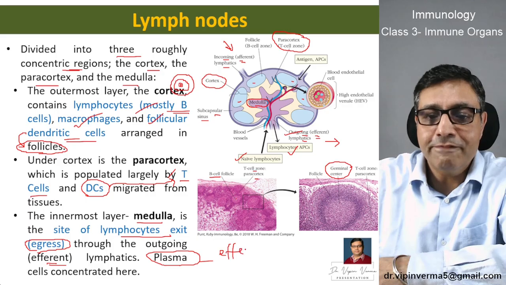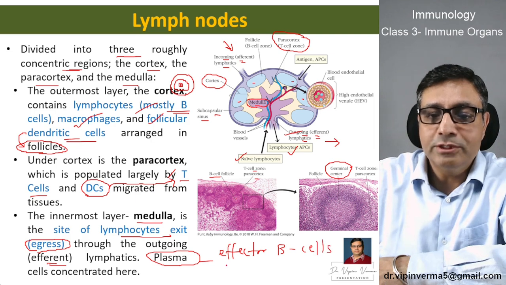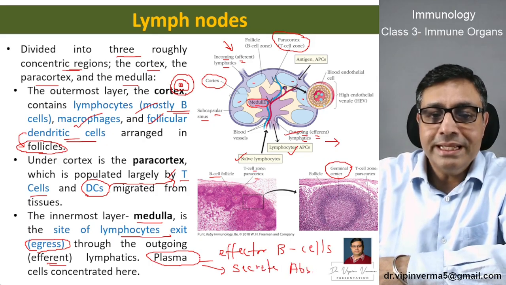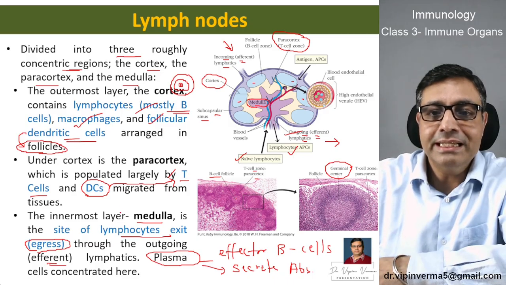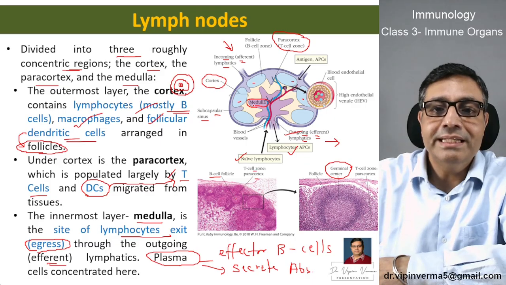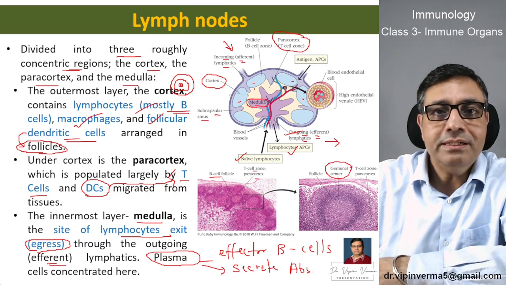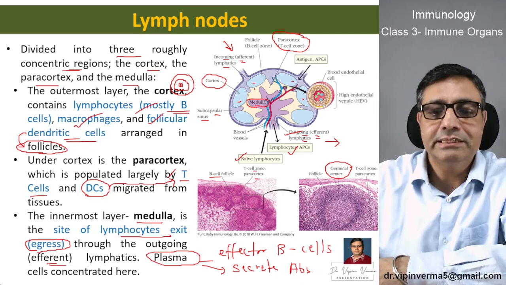So these are the effector B cells, and their major function is to secrete antibodies. Their main concentration is in the medulla. So in the medullary region you will find more plasma cells, in the cortical region more B cells, and in the paracortical region more T cells.